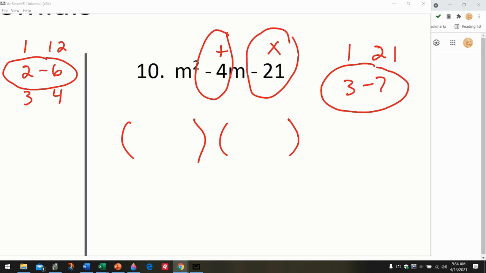As we said before, when you have a double negative in the original problem, you'll end up with a plus and a minus. The variable is an m, and then we write our numbers, 3 and then 7. And there you go. We have that in factored form.